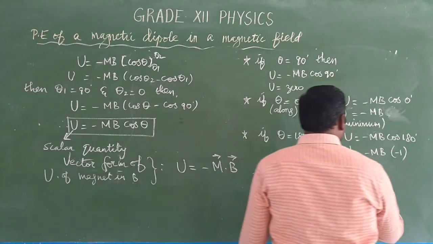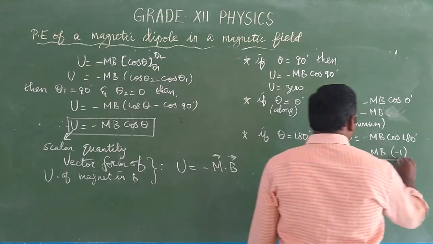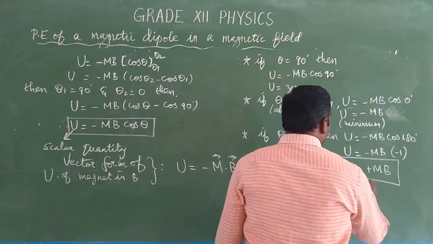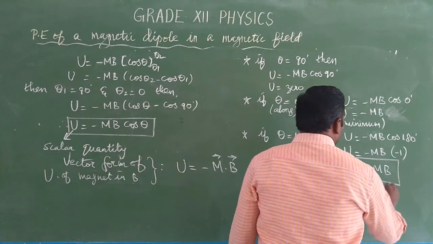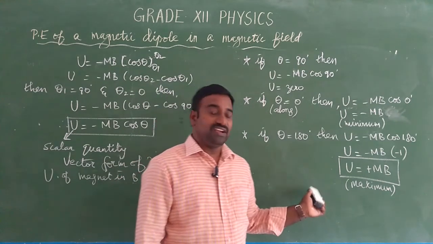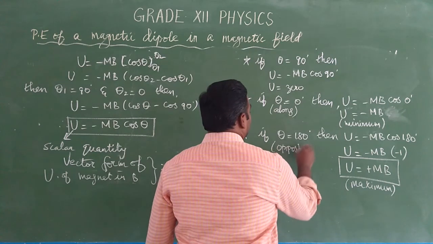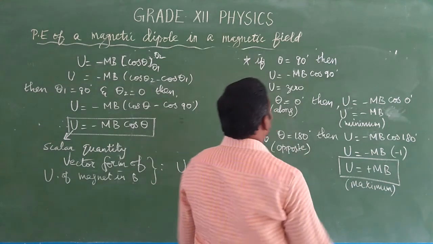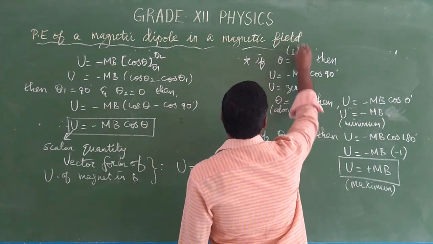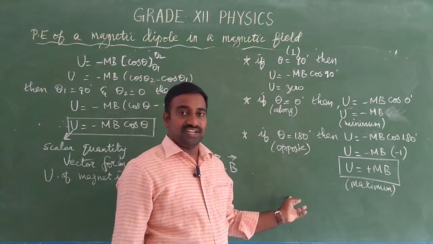So minus of minus becomes plus mb, which means maximum potential energy. So the potential energy is maximum if the direction of the magnet is just opposite to the direction of the magnetic field, and here it is perpendicular. Okay, so these are the three special cases related to the potential energy.